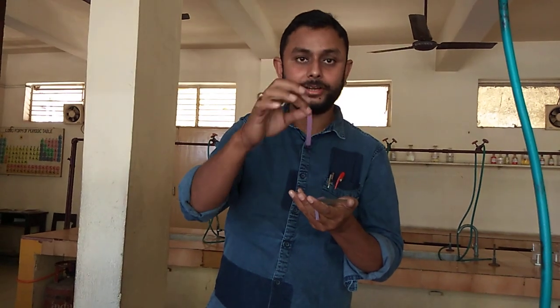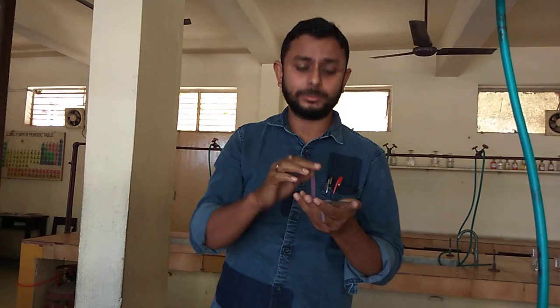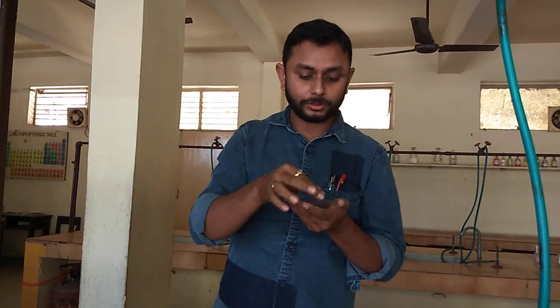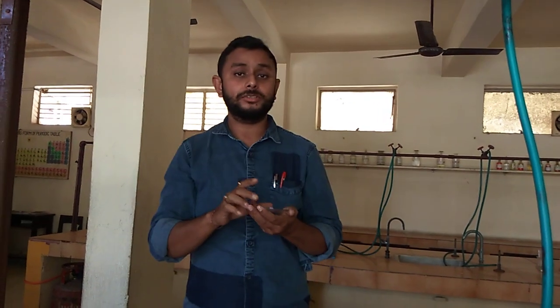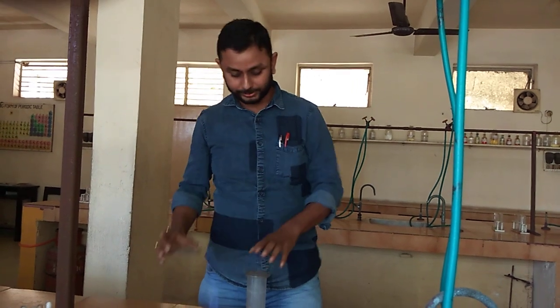Red litmus paper turning blue means this solution is a basic solution. Why so? Because the ash-like substance was magnesium oxide. When we put water, magnesium oxide reacted with water to form magnesium hydroxide, Mg(OH)2, and that is a base, and this proves that metallic oxides are basic oxides.